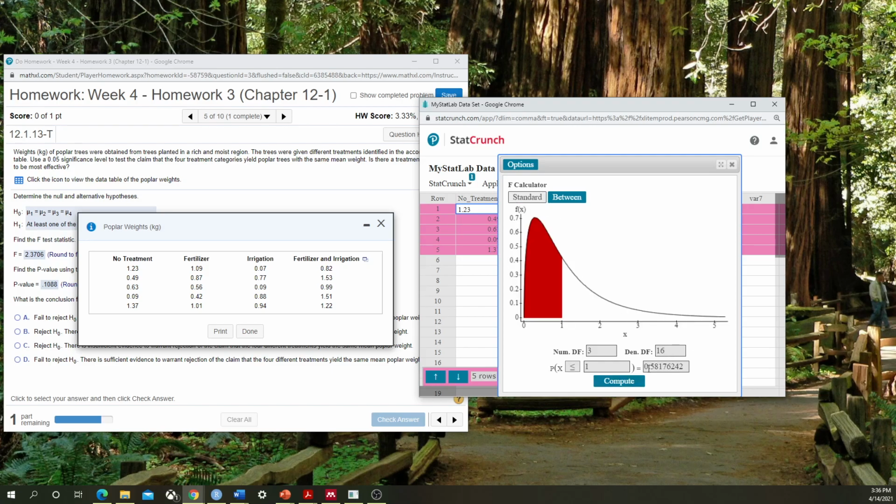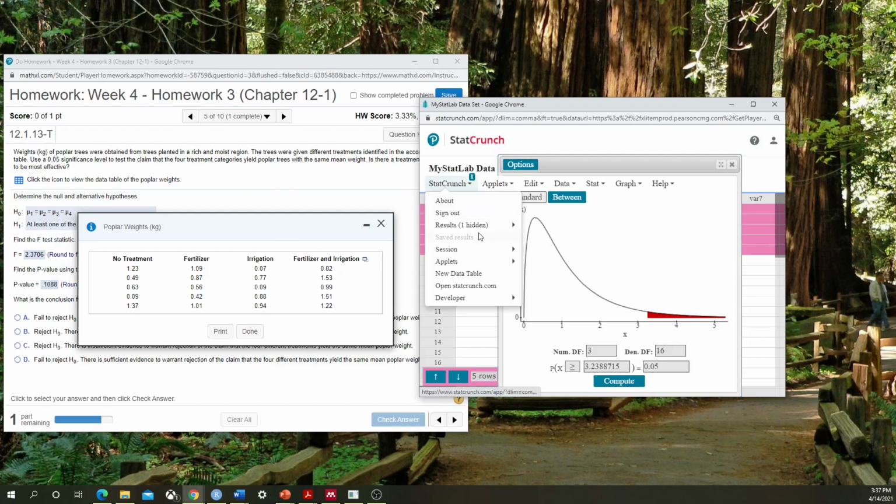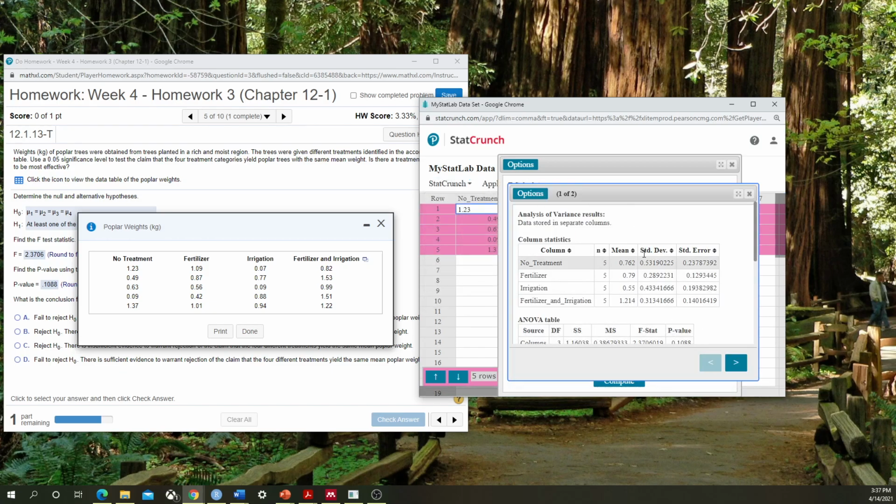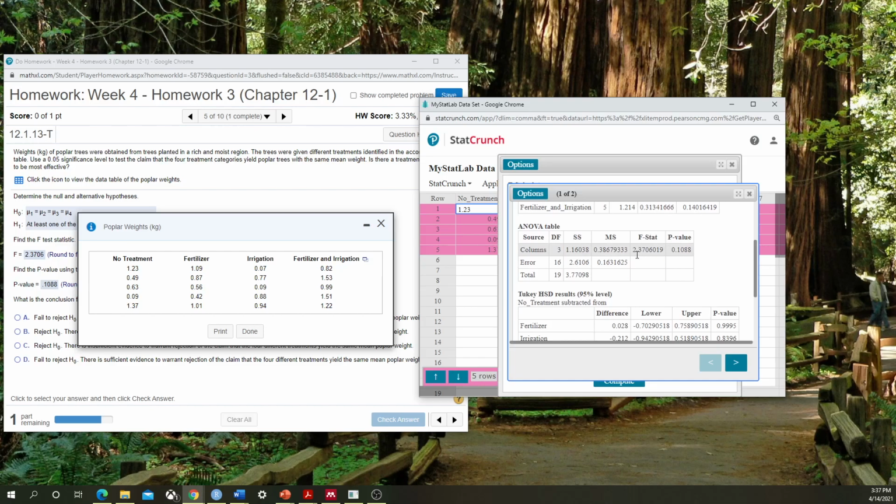As you can see here, I'm curious about what my F distribution is going to look like, or what my critical value is going to be: 3.23. And if we go back to our previous results, what was our F value?